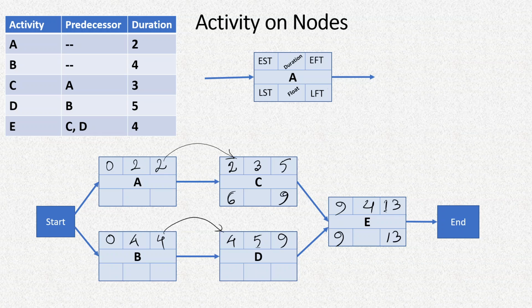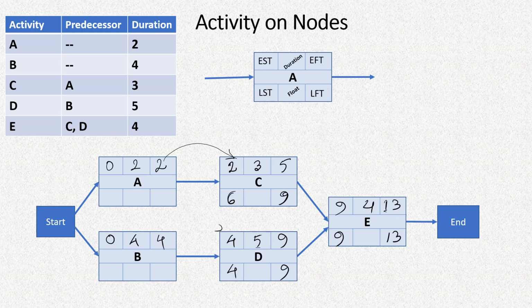Then if we go to this activity, here again this figure will be simply transferred here, that is the latest finish time of the previous activity is the latest start time of the next activity, and in this case 9 minus the duration, which is 5, will give us 4.